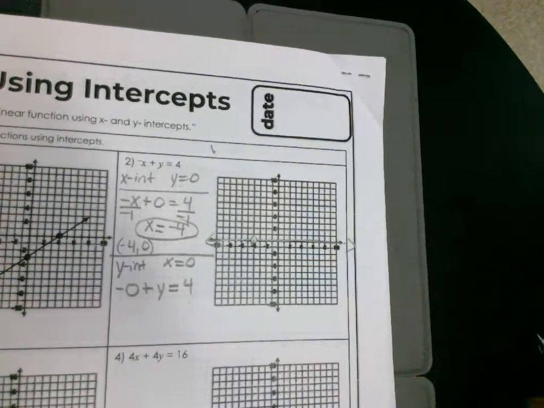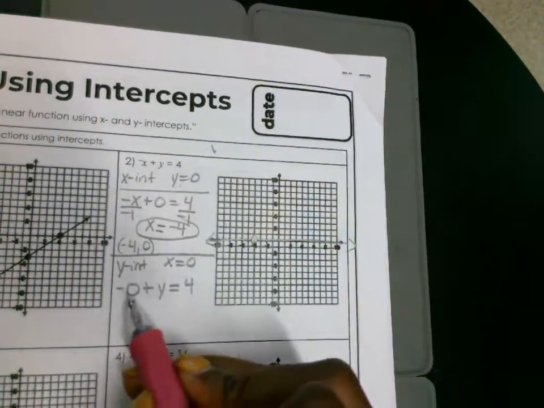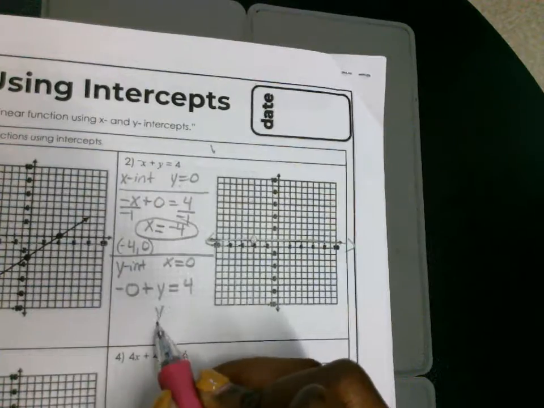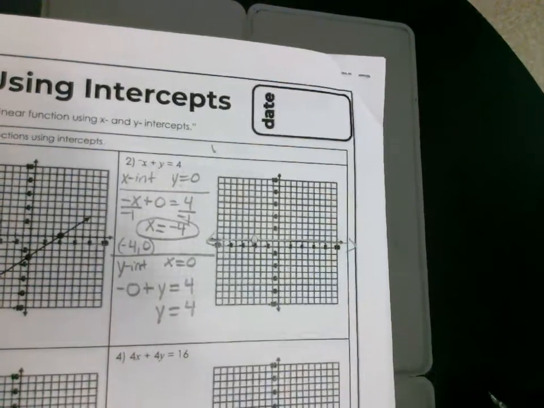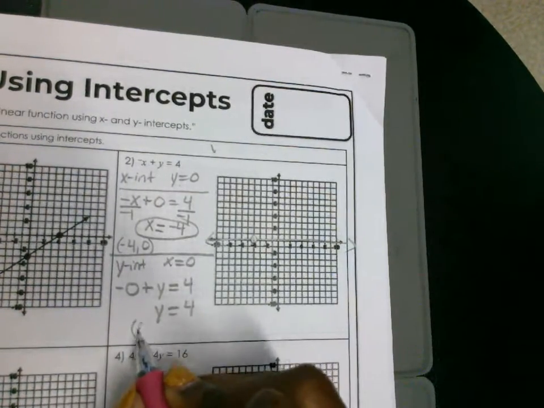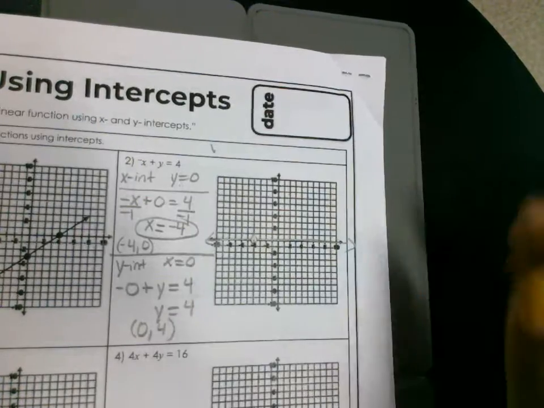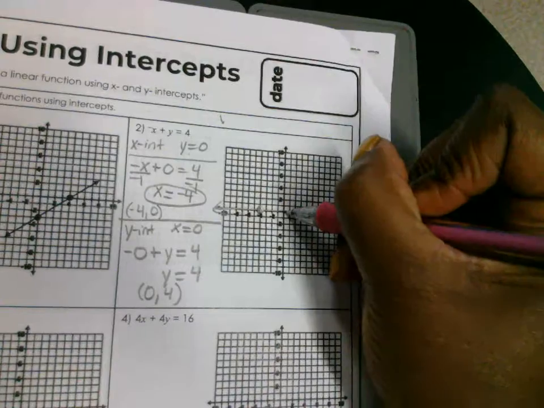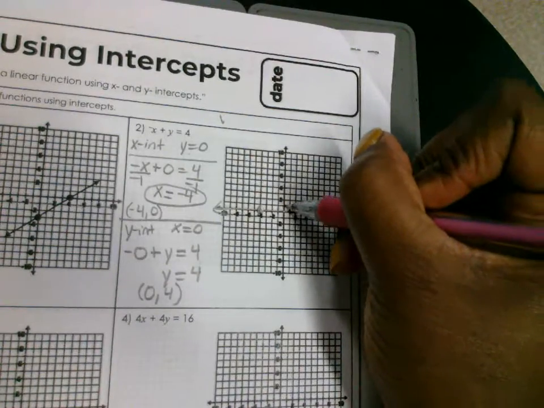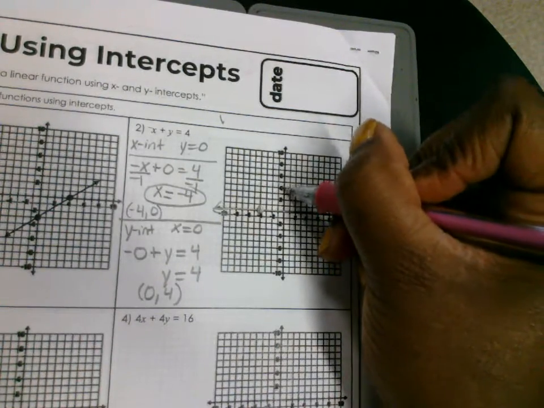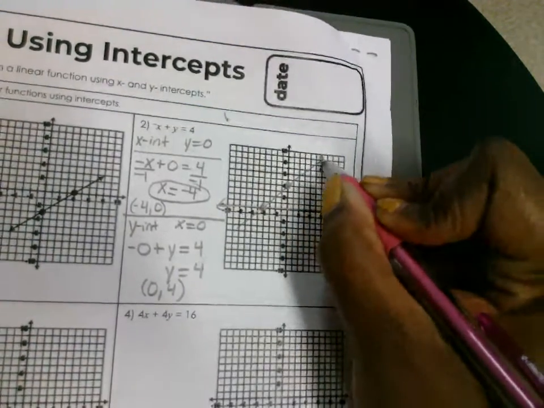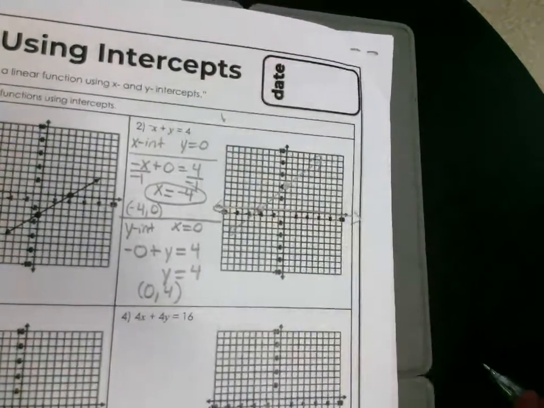Negative 0, or 0, y minus 0 is just going to give me y. So y is equal to 4. So my ordered pair here is 0, comma, positive 4. So 0 right here on the origin and go up 1, 2, 3, 4. And when you connect these 2 points, you're able to draw the line.